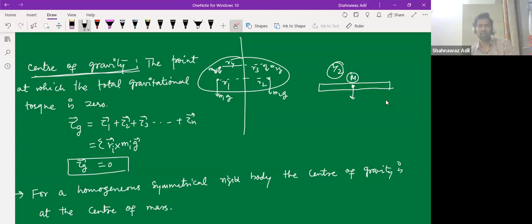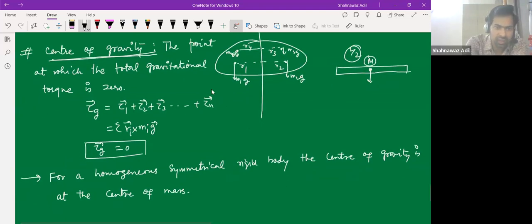So center of gravity coincides with the center of mass when gravity is not changing and this is a very small rigid body. So that is all about this center of gravity. Here the total gravitational torque is zero. So any question in the center of gravity, guys? Any question? No, sir.